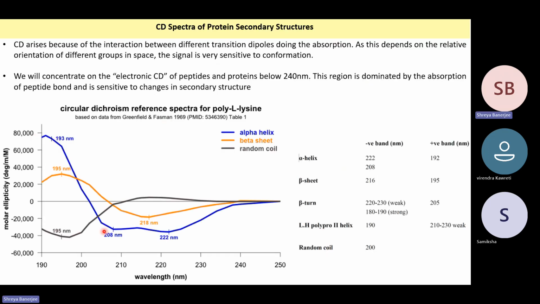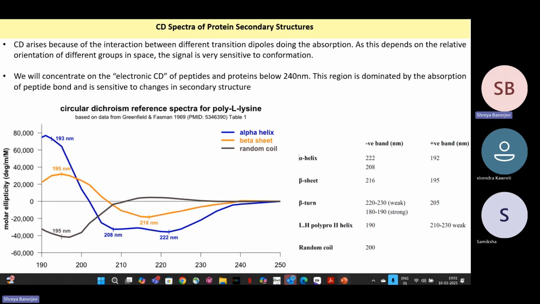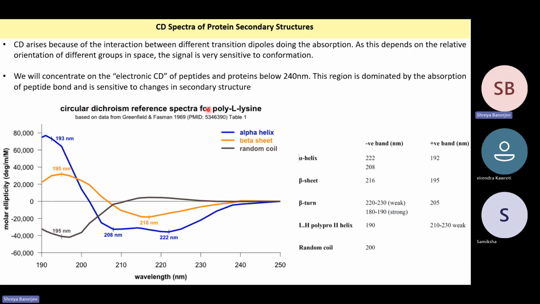Each secondary structure will have a very characteristic circular dichroism spectrum, and depending on the spectrum, you can predict the secondary structure. So you can remember these three: the alpha helix, beta sheet, random coil. These three you can remember because these are very characteristic secondary structure spectra.